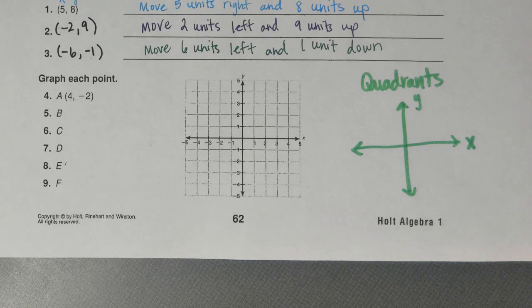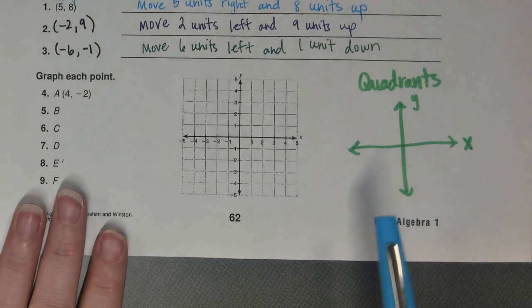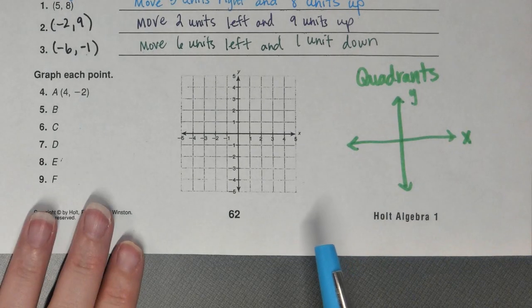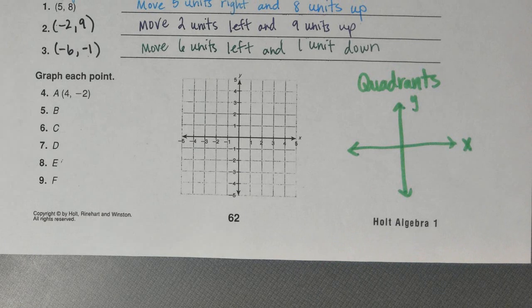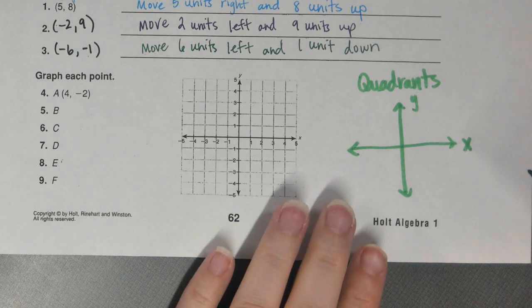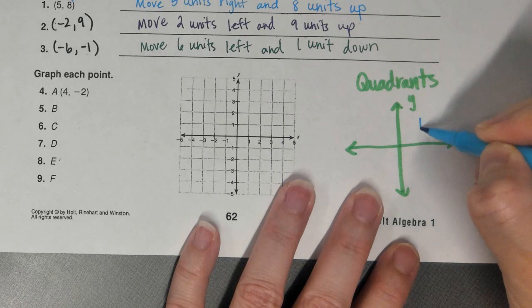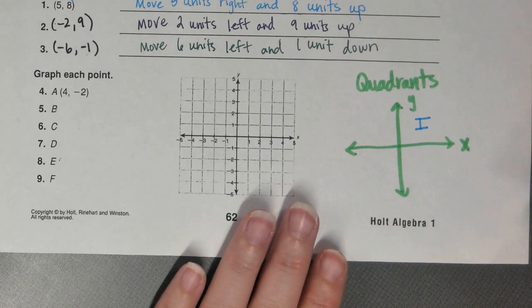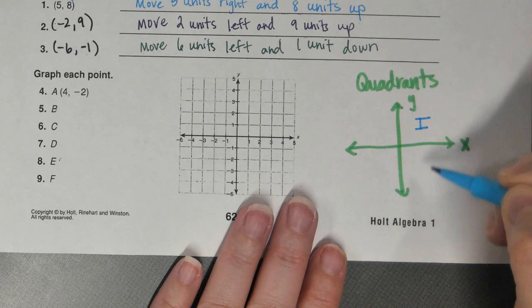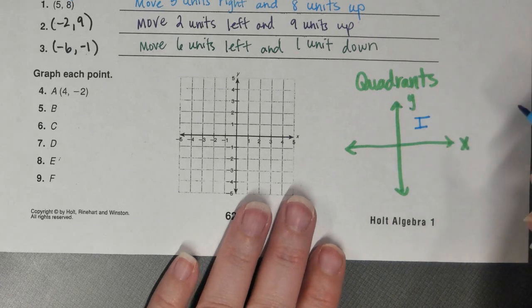I just thought of a way to memorize it. Okay, so you want to tell us? Go ahead. Let's just say this quadrant is positive. Yes. And this one is negative, positive. And which one's the first one? This one. Yes, great. The positive is where you start. Yep. And then it just goes around counterclockwise.